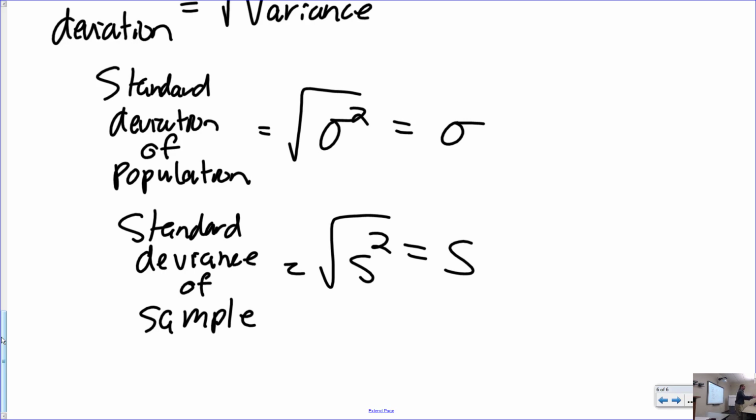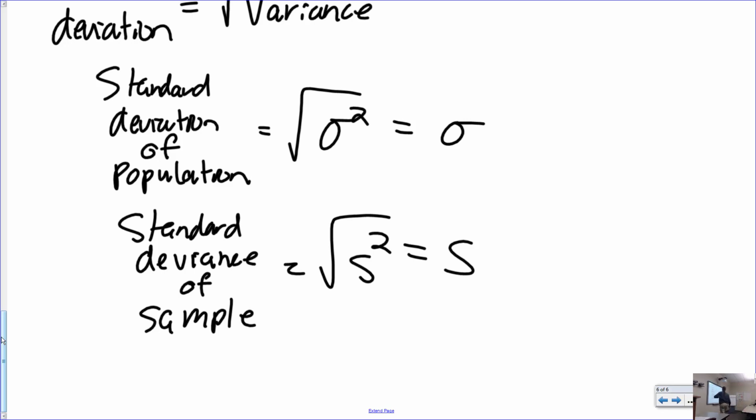Okay? These are the sorts of things that you kind of have to get into the flow of hearing and translating so that you use the right variables and the right letters at the right time. And it is very standard throughout the entire industry, okay? If somebody's reporting about the standard deviation of their sample, they are going to call it S. That's what they're going to call it, because that's the standard that everyone has been using for the last 60 to 70 some odd years, okay?